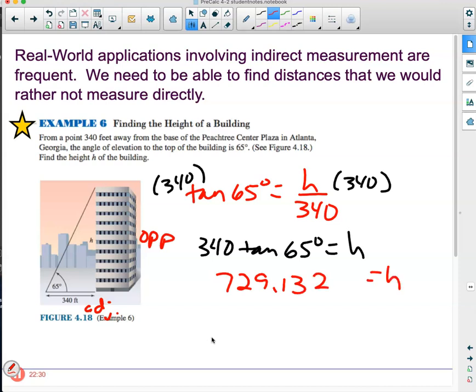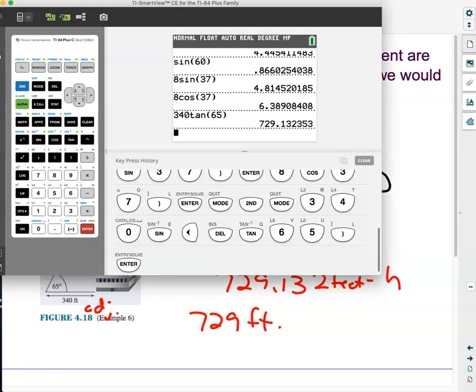And in this one, because it was an application problem, there should be labels up there, and we see that distances are given in feet. Now, if we wanted to be more exact, this one is probably exact enough, but we certainly could go with feet and inches. So we could do 729 feet, and then we'd want that decimal portion to figure out the inches.